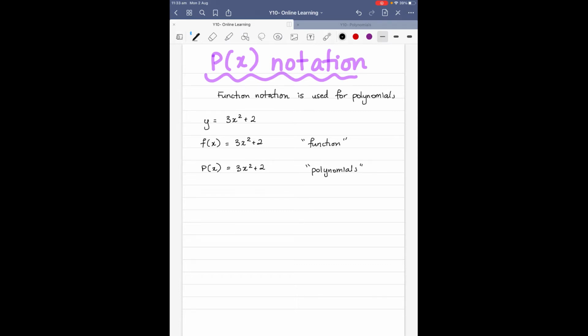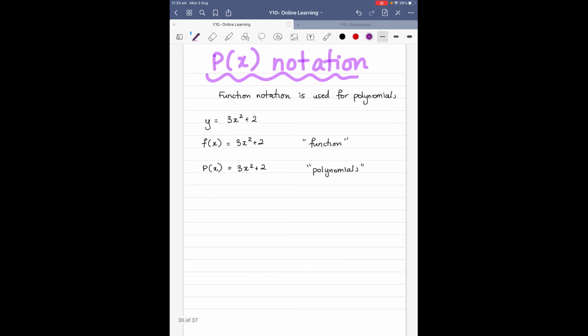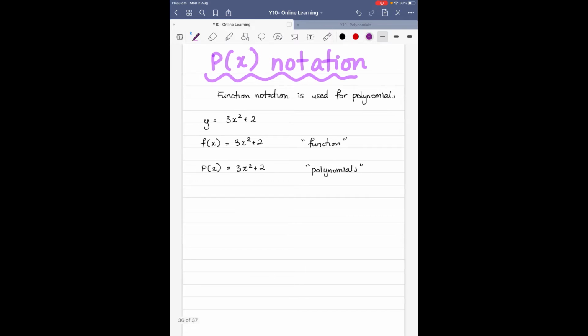Alright, now what's special about polynomials is that we can substitute x as different values. So let's say when x is c, for every single x that you see in the equation, you change it to a letter c or a number. So c can represent a number.